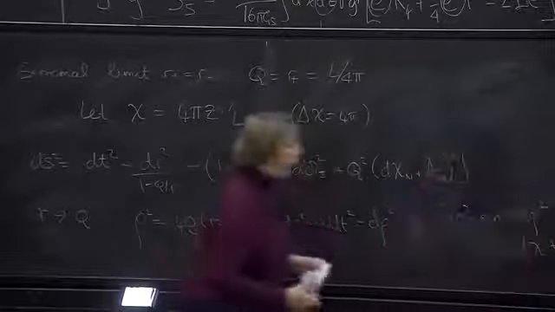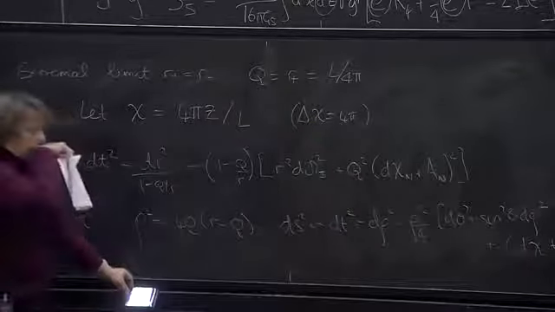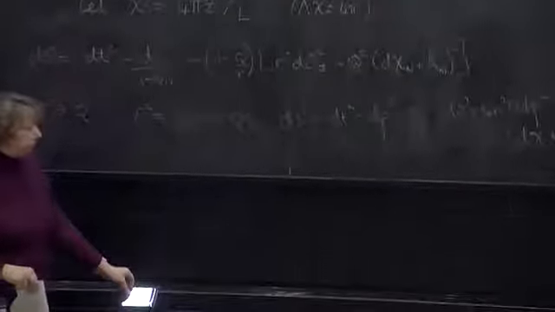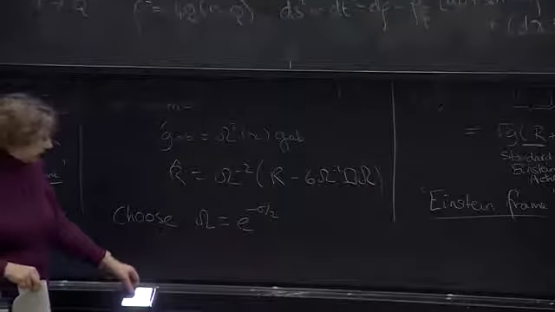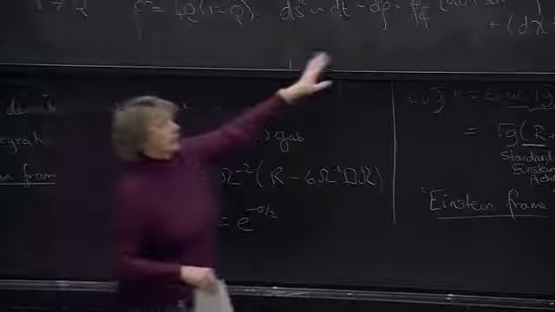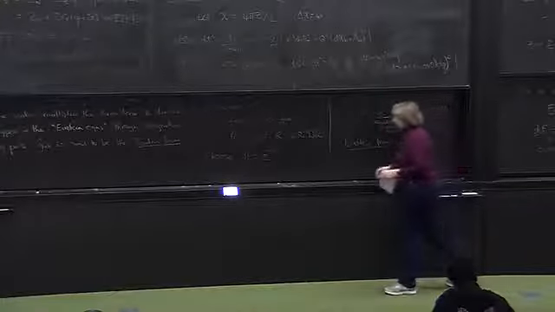So now what happens is there's a common factor sitting in front of the d omega squared and the d chi squared part.